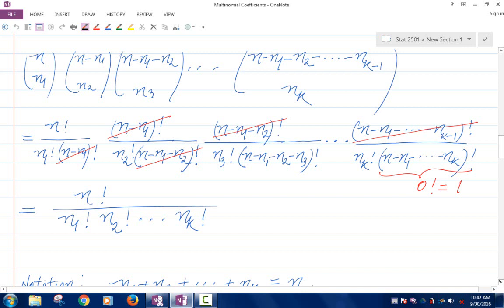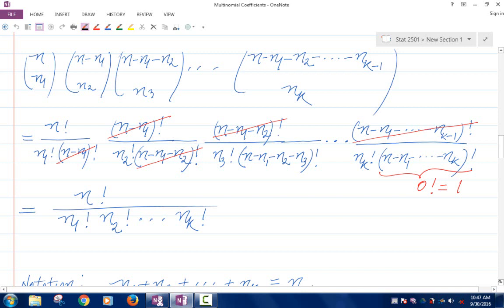So what you need to notice here is the pattern of cancellation. You have n minus n1 factorial cancels out, n minus n1 minus n2 factorial cancels out. So the cancellations are like this.